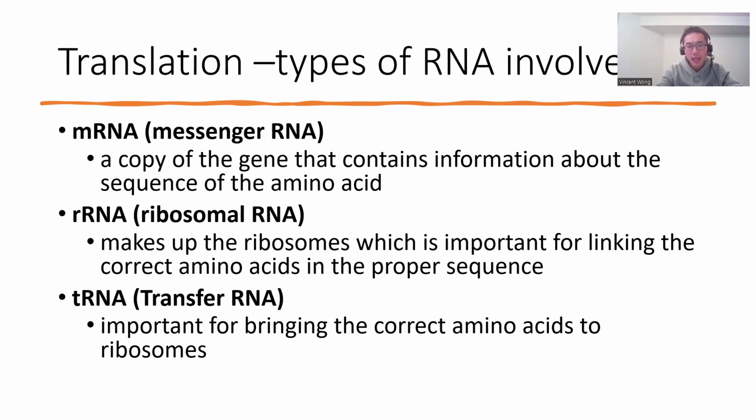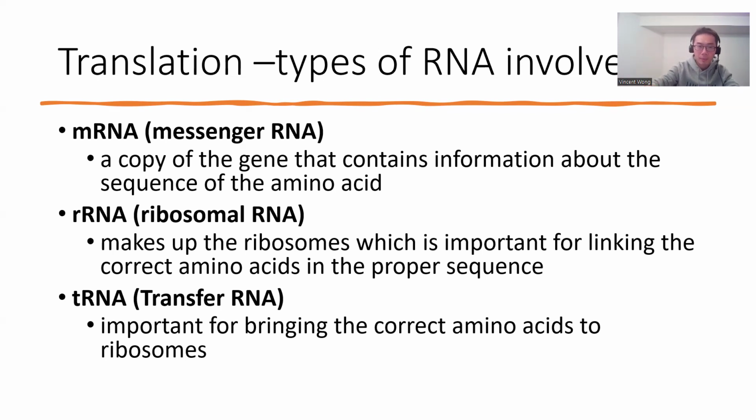So the rRNA is the one that is going to be decoding the message on the mRNA and then physically connecting the amino acids together. When you connect the amino acids together, you're forming a peptide bond, right?